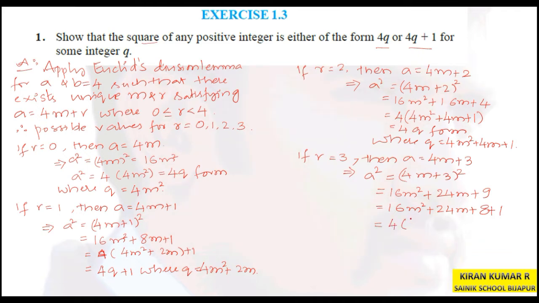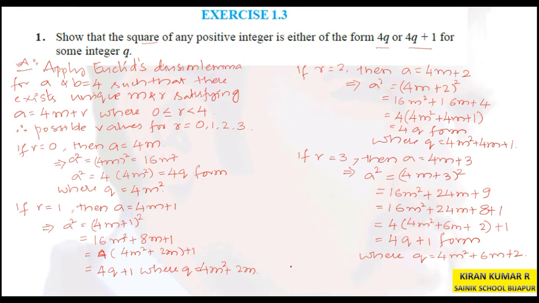I'll be getting 4 times 4m square plus, if 4 is taken common from 24, we get 6m plus 2, then added to 1, which is like 4q plus 1 form, where q is equal to 4m square plus 6m plus 2 for some integer.